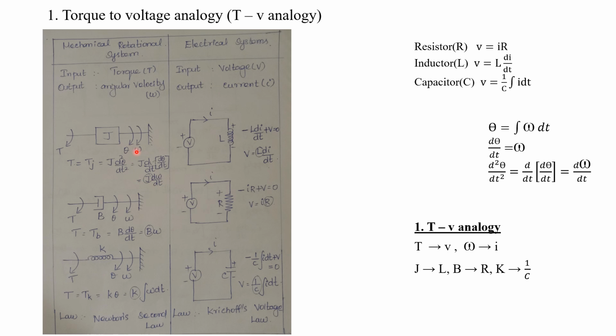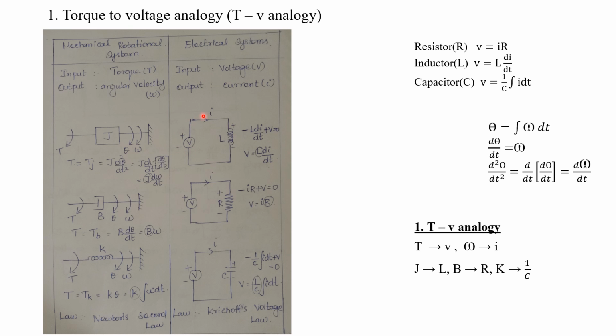Now, this should be converted into the corresponding electrical component. Here we are using an inductor. Only when we use an inductor here will we get similar equations in the electrical system. When we consider an inductor, the applied input signal will be a voltage. So here we have to apply a voltage.